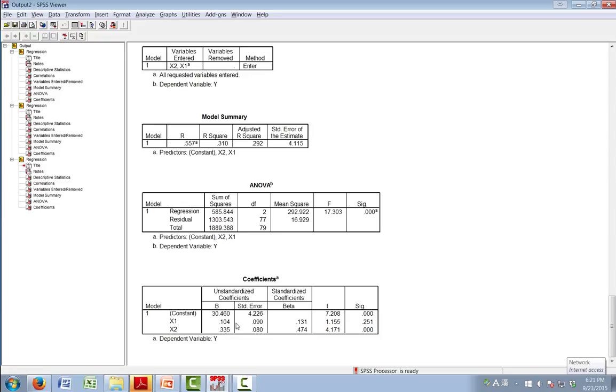Well, x1 is not statistically significant in this model after controlling for x2. Same thing, x2 is statistically significant in this model after controlling for x1. Are you with me? That is the key difference between simple linear regression and multiple regression: how to interpret the slope values and statistical significance, and also the overall model summary. Thank you.